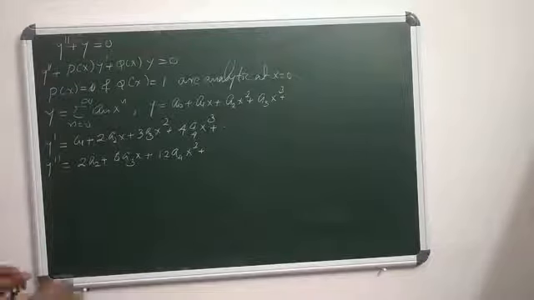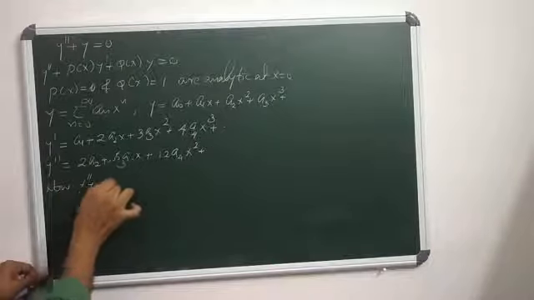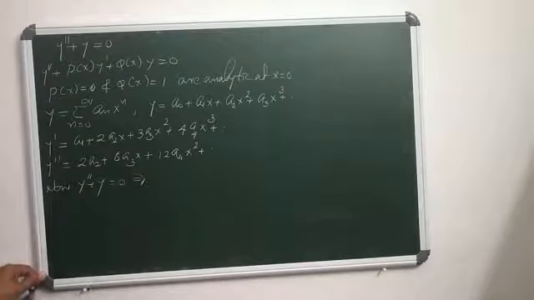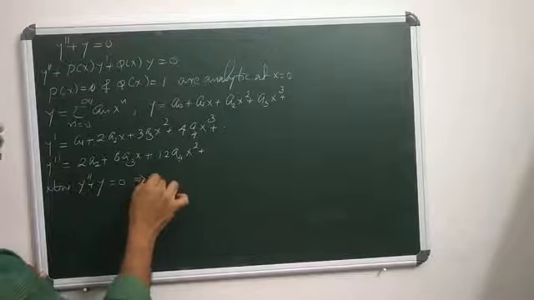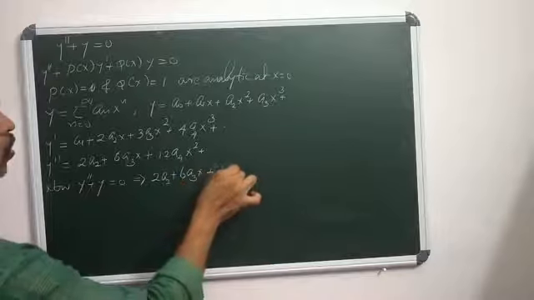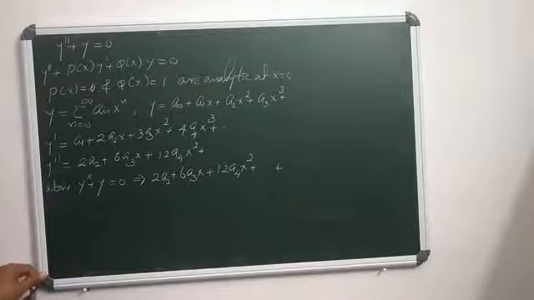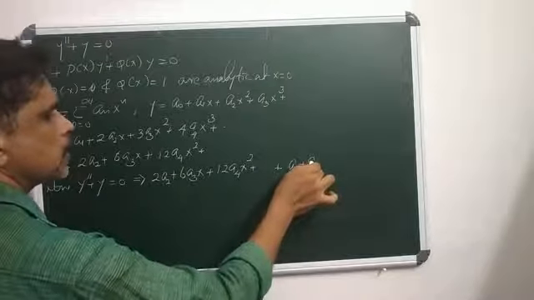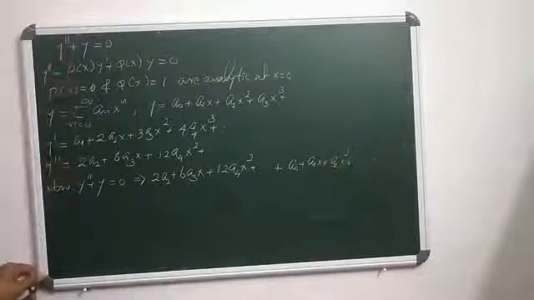Now, if you substitute all of these values in the differential equation y double dash plus y equals 0, we have 2a2 plus 6a3x plus 12a4x square plus etc., plus a0 plus a1x plus a2x square plus etc., equals 0.